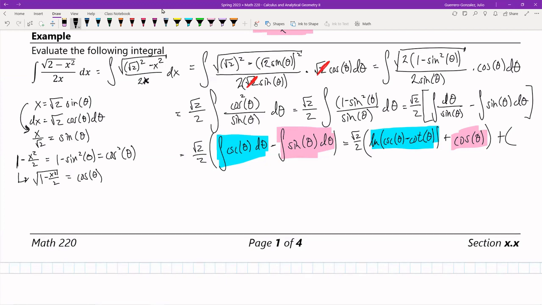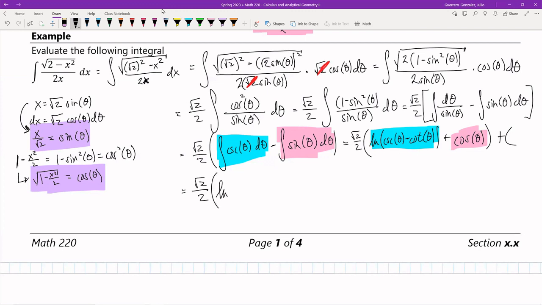We have everything we need now, because we have a sine and we have our cosine, and cosecant is 1 over sine, cotangent is cosine over sine, and cosine is just cosine. Boom.